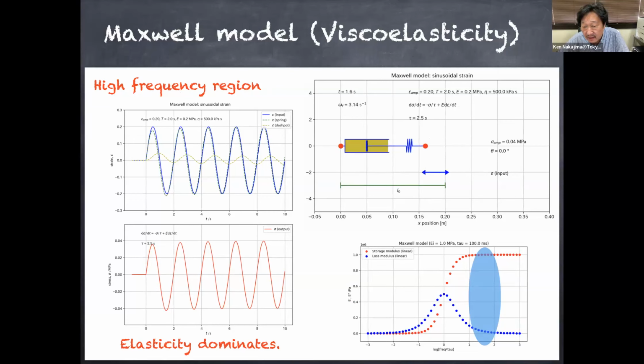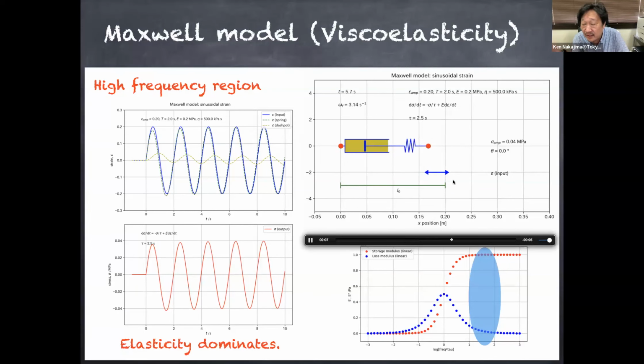You're looking at the spring moving very quickly, but the dashpot portion doesn't move so much, because this highly viscous liquid prevents this portion from moving quickly. So only the spring has a deformation.